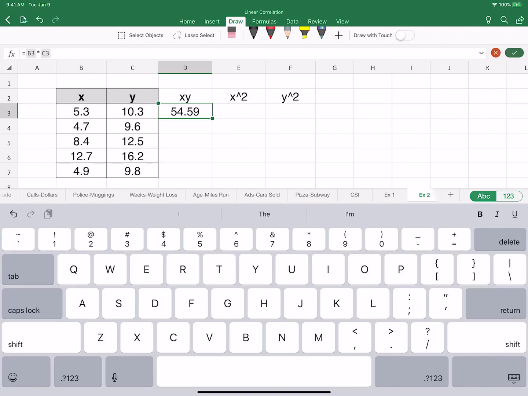Let's do autofill. Autofill. Let's see what this does. No, fill.